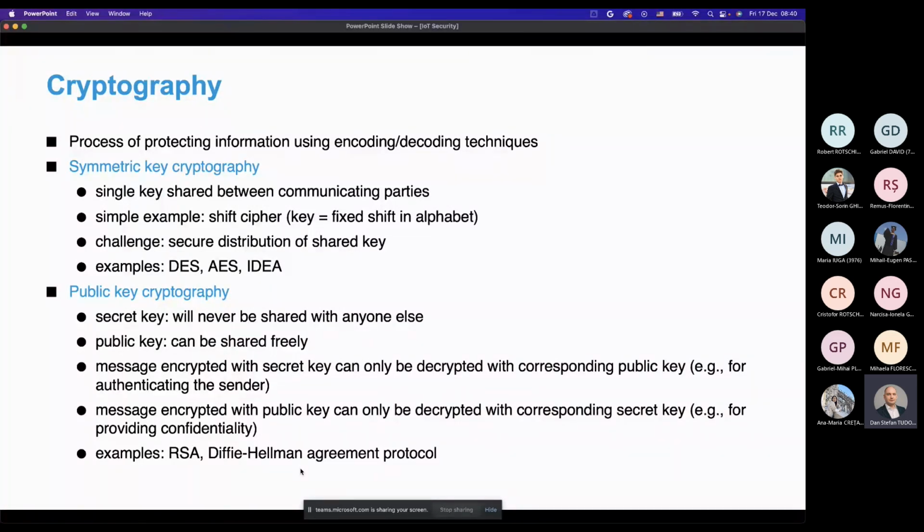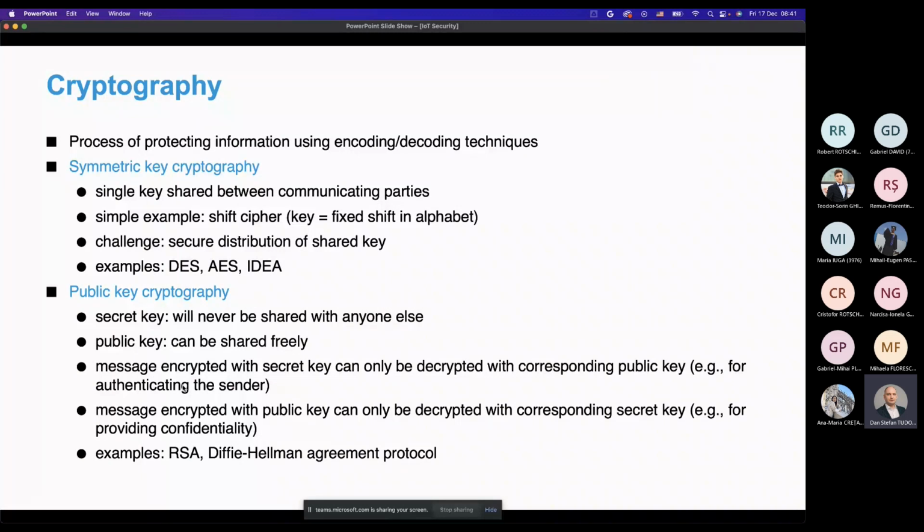You have both a secret key and a public key. The secret key will never be communicated to any other device in the network, and the public key, on the other hand, can be shared freely with anyone in the network. So you eliminate this problem of sharing the symmetric key from symmetric key cryptography by having this pair of public and secret keys, public and private keys.